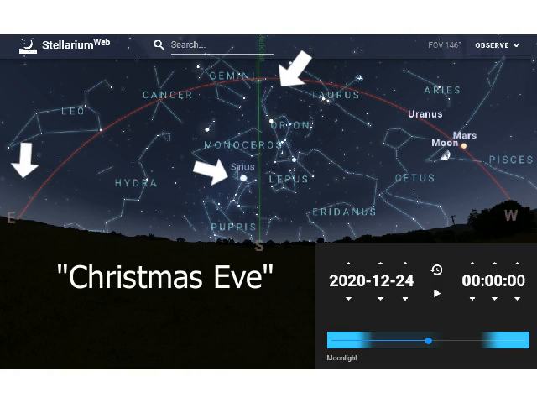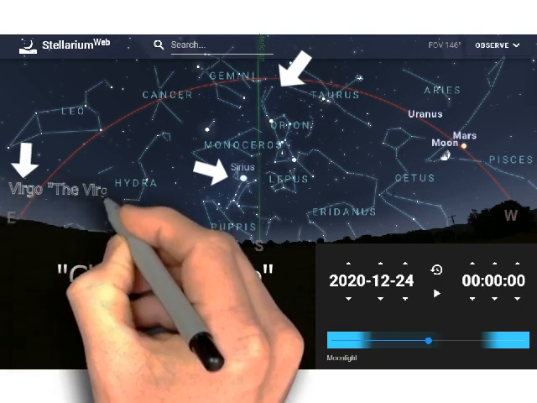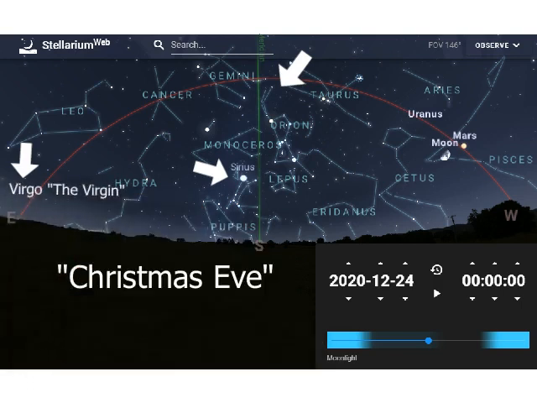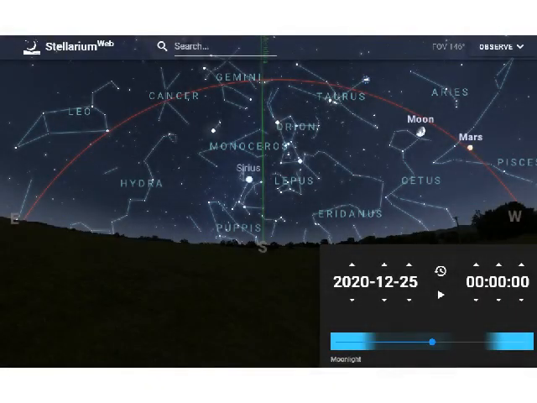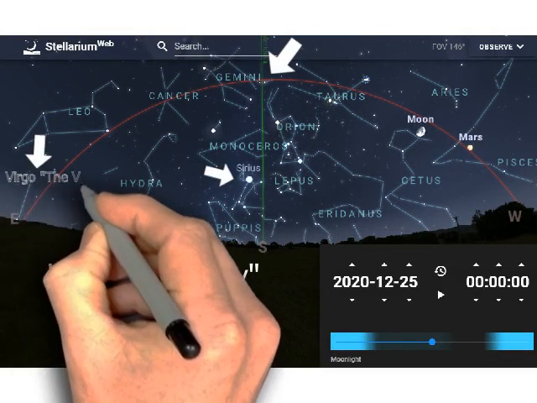And this is why the story of Jesus involves being born of a virgin, when you can see once again that the constellation of Virgo is appearing to rise for the first time this time of year above the Earth's horizon in the east. And on Christmas Day, the story is complete. Orion has moved off the cross of the ecliptic, following his bow to where his arrow is pointing.